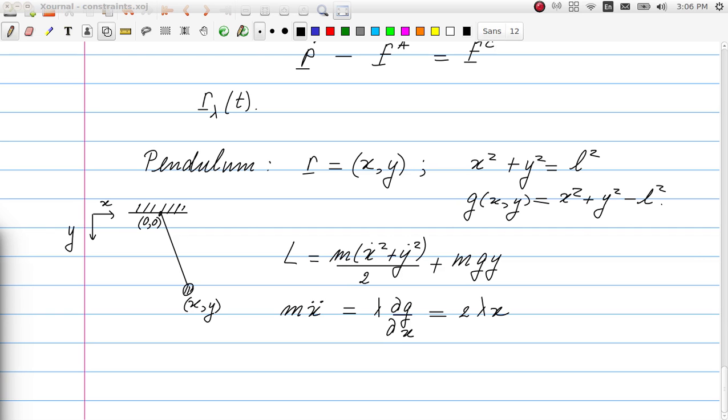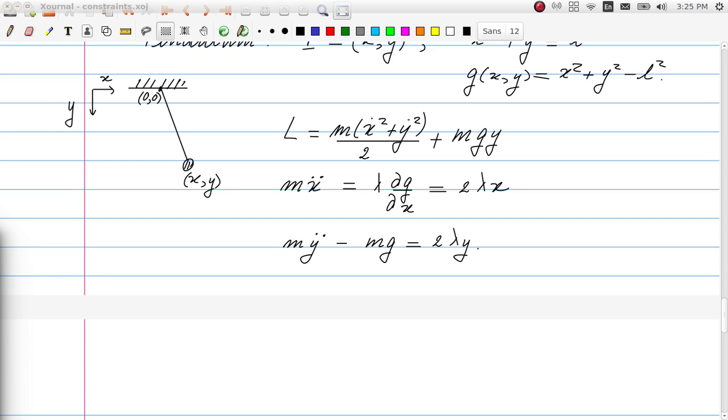So if we try to find the equation of motion for x, then we first get from L obviously m x dot dot. There's no x dependence here, and on the right hand side we get a constraint force, which is lambda times dg/dx, and that gives me 2 lambda x. We can do the same for the y component, and then we find from the kinetic energy the m y dot dot.